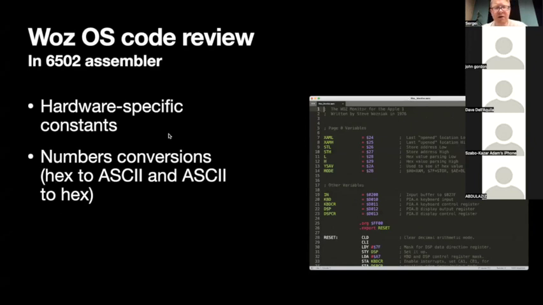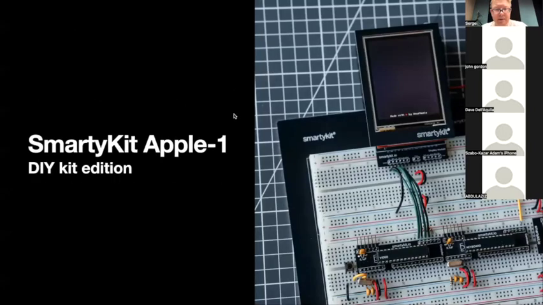The 6502 version in assembler has a lot of hardware-specific constants and also number conversions, that make the listing not so easy to read, but the functions are pretty much the same as for the Python version. And so this is pretty much it.